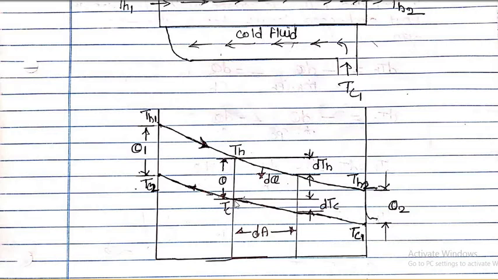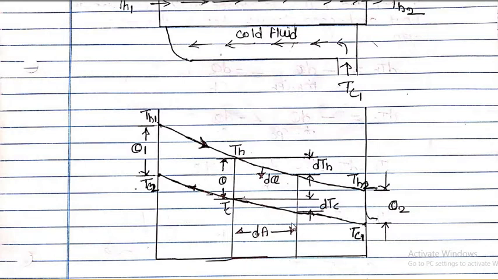As you can see, the cold fluid temperature goes on increasing in the negative x direction, because we have considered this as the positive direction and this as the negative x direction.